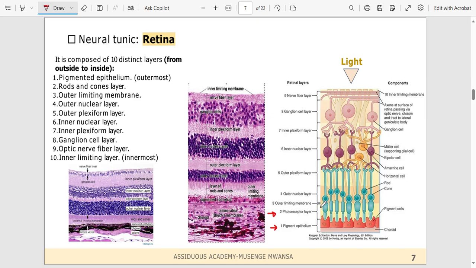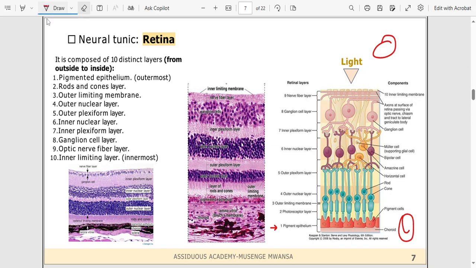After that, you are now going to have the outer limiting membrane, basically a distinction where the cell bodies are forming. After this outer limiting membrane, remember this is the outer aspect, and this is the inside of the eye. So after the outer limiting membrane, you are going to have the cell bodies. Can you see these are the cell bodies? So we're going to have the outer nuclear layer.